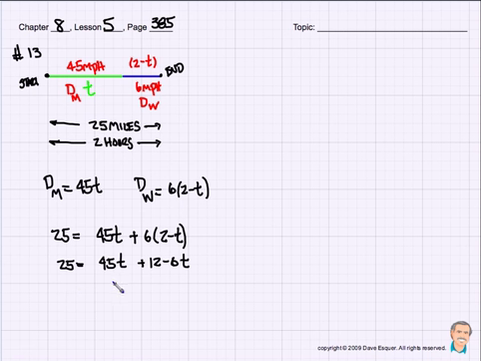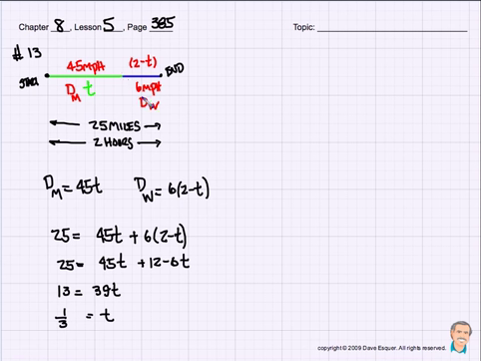If I do my math right, 13 turns out to be equal to 45t take away 6t, which is 39t. If I divide both sides by 39, t turns out to be 1/3.